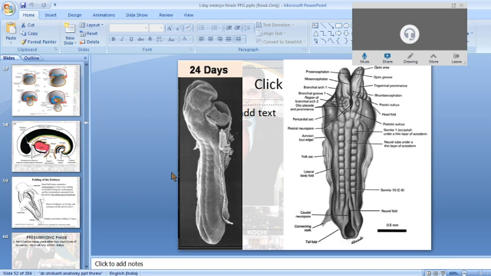Next, the cavity of the mesencephalon, the answer is cerebral aqueduct of Sylvius. Yes, it is the cavity of the midbrain. And the last, the cavity of the rhombencephalon, that is combinedly known as the fourth ventricle.